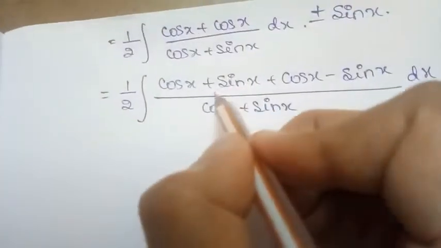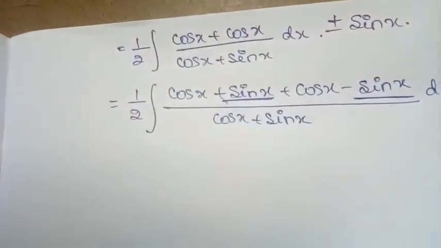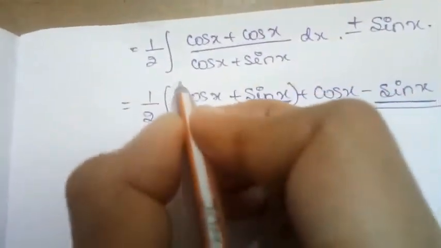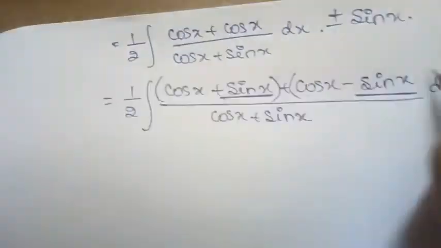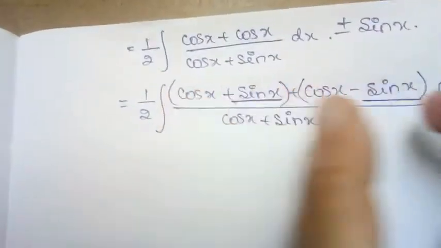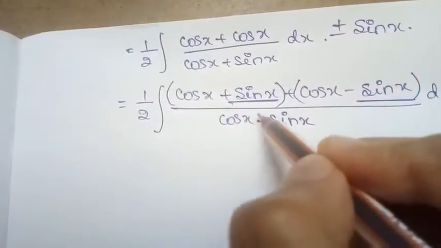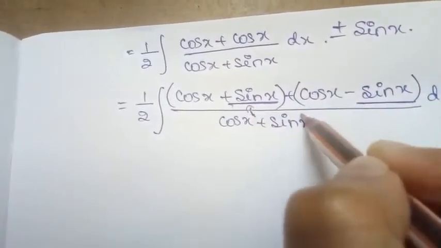Now I will group these two terms as one and these two terms as another. Now we have two terms as per the brackets, so I split the denominator across both these terms.